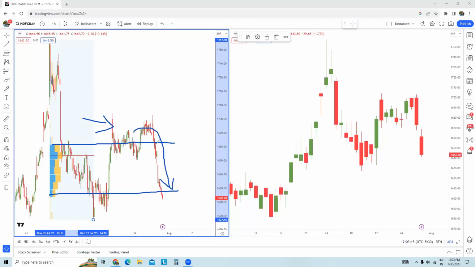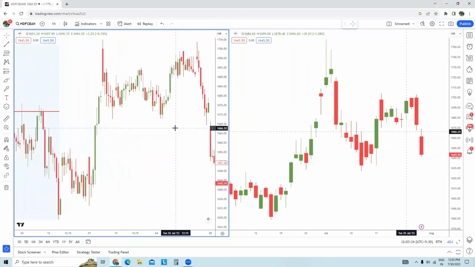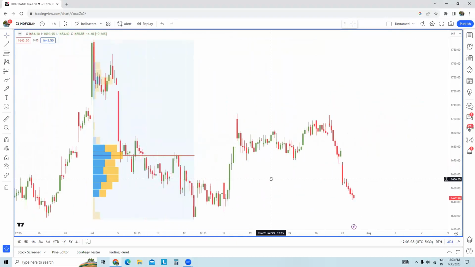Well, we need to understand two things over here. The first thing is every tool is not going to work every time. Do you have a 100% strike rate in your trading? No, it is not possible. Second thing is, if you look carefully at the candles made over here, they do not give us too much confidence. I've just zoomed out from the daily time frame chart.